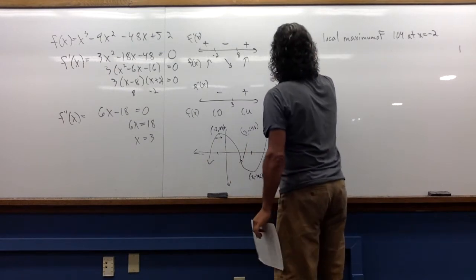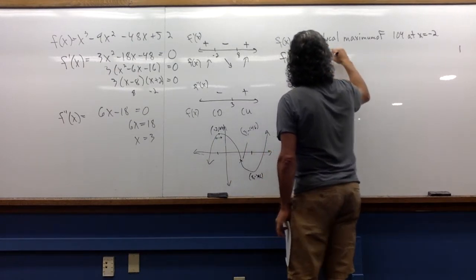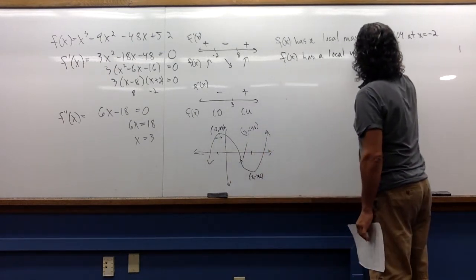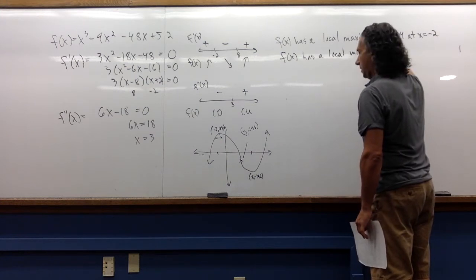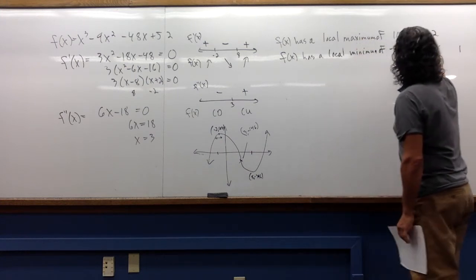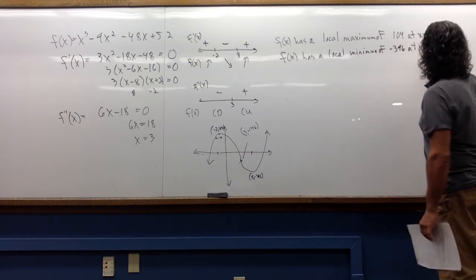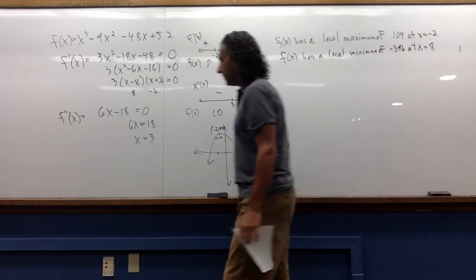We can also say that f of x has a local minimum of minus 396 at x equals 8. So that would be this point over here.